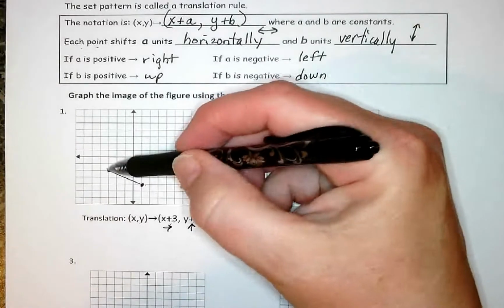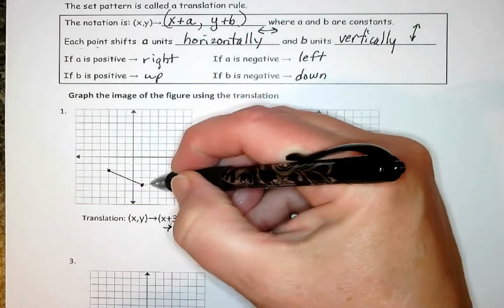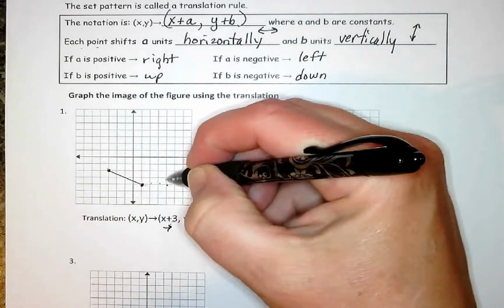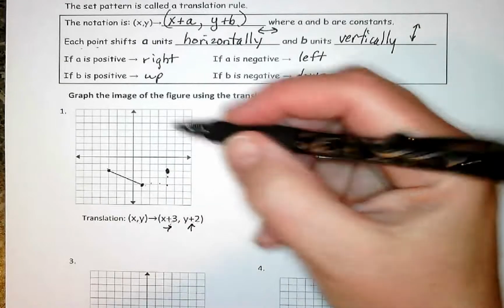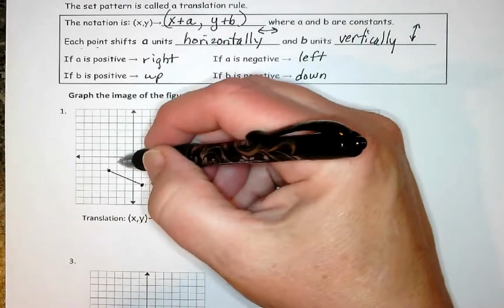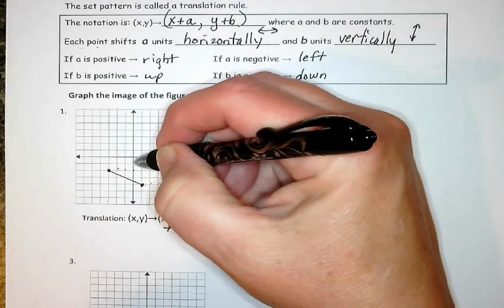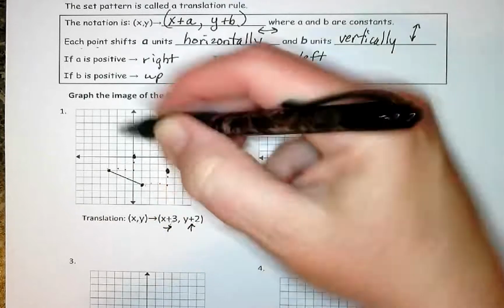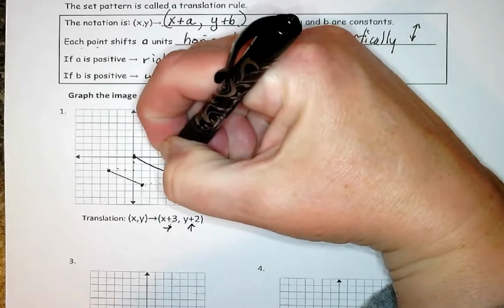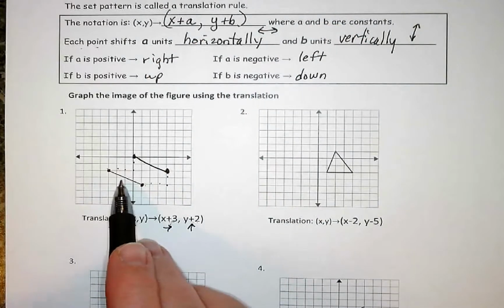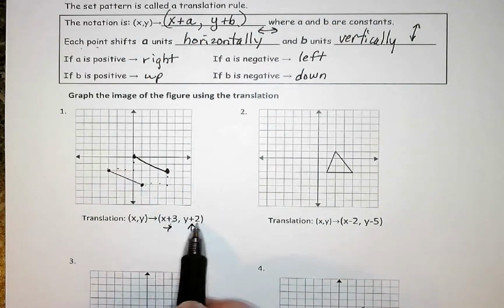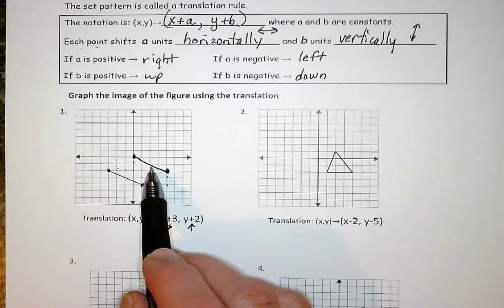So for each of these two endpoints, I'm going to go 1, 2, 3, up 1, 2. I do the same thing with the other end, same exact pattern. Then I connect those. This segment has been translated plus 3, plus 2 up to this new one here.